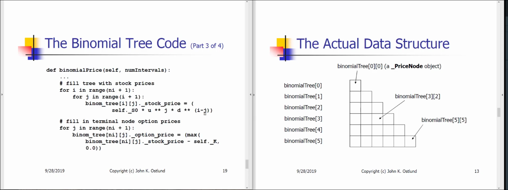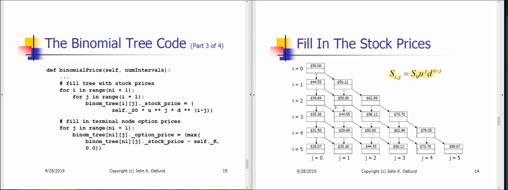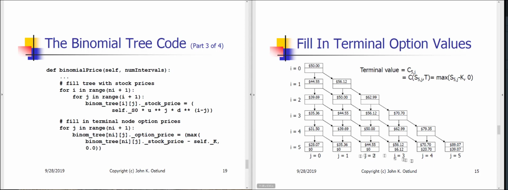The next step is to fill in the stock prices, which we do using the calculation that we described here on slide 14. That's what this first for loop does. And we can also fill in the terminal option node values, that is, the option node payoffs, at the bottom of the tree. And so that's what happens here on slide 15.